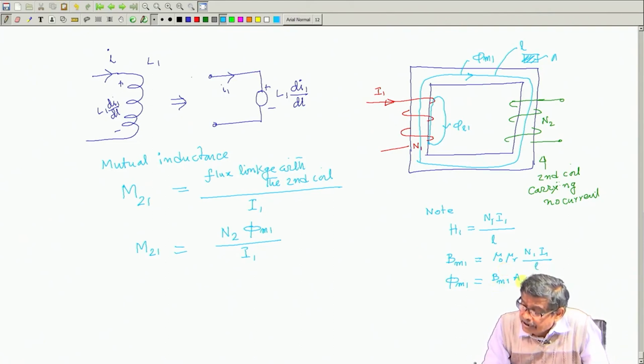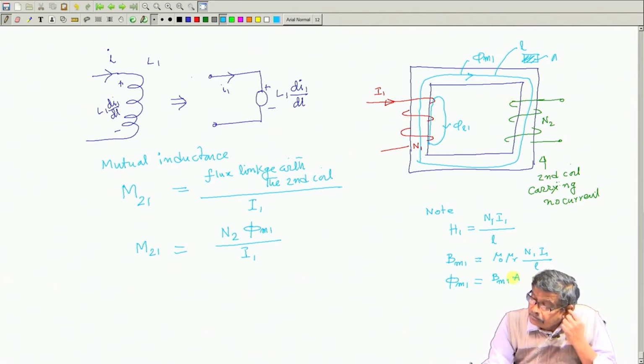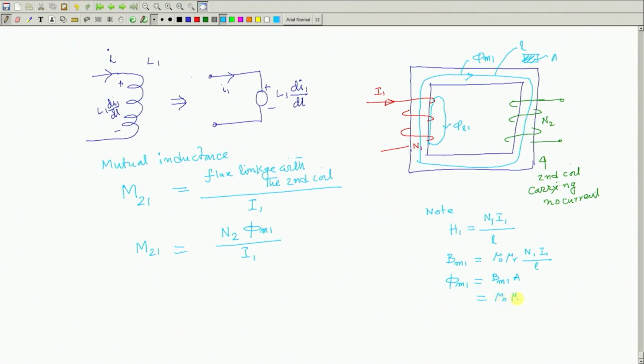So, it will then be equal to mu 0 mu r into N1 I1 by L, substituting the value of Bm1, and into area A. This will be the value, the strength of the mutual flux.